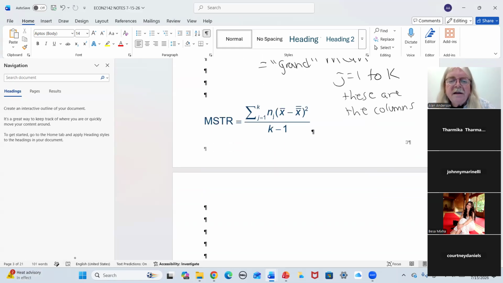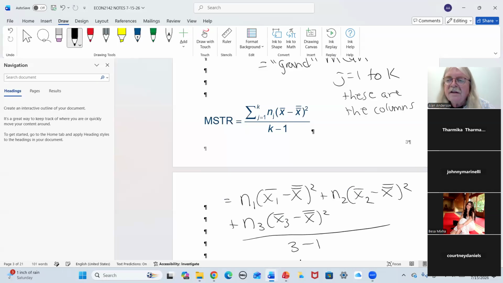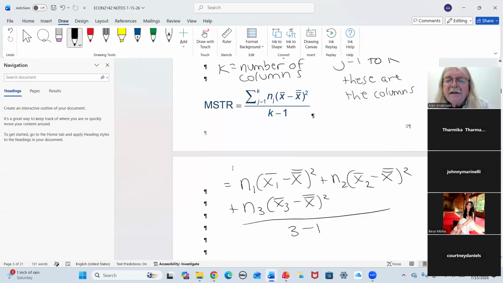So you could rewrite this in our case as, oops, sorry, that's 2. All that would be divided by 3 minus 1. 3 is K. K is the number of columns. Let's write this down. J is an index, but K is the number of columns.